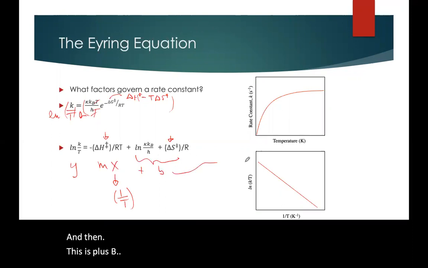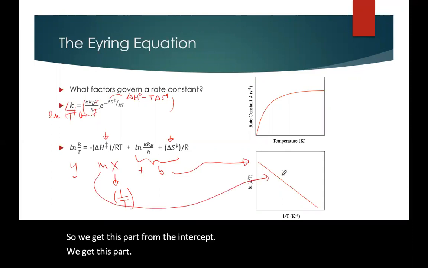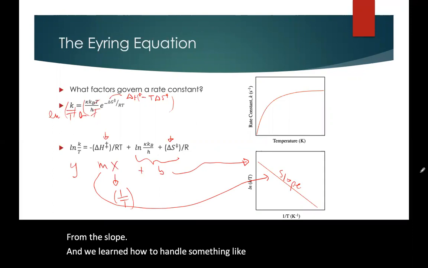So we get this part from the intercept, we get this part from the slope, and we learned how to handle something like this in, I don't know, junior high or something.